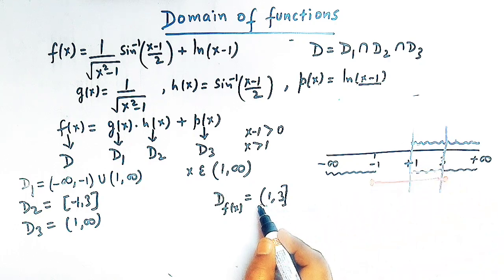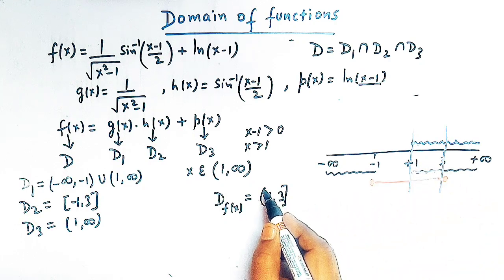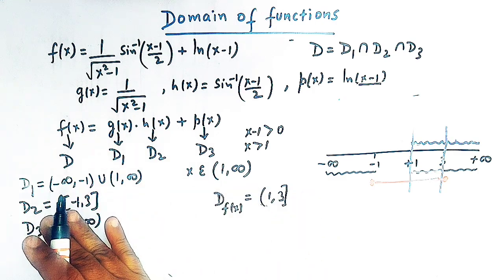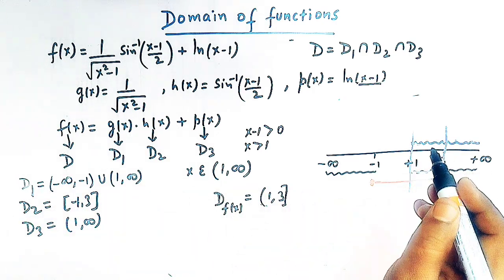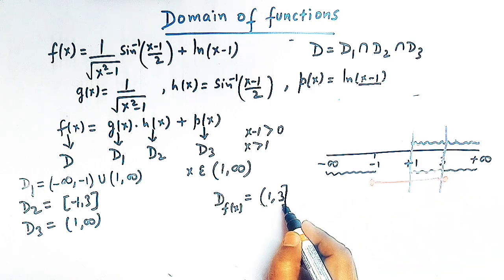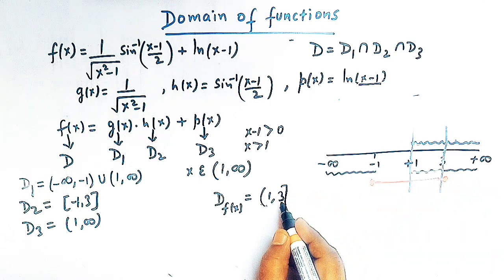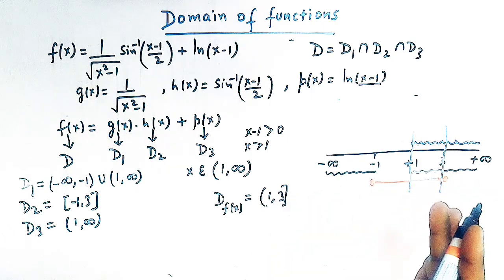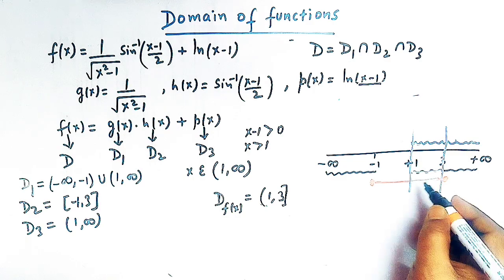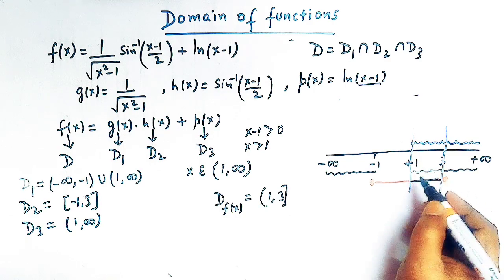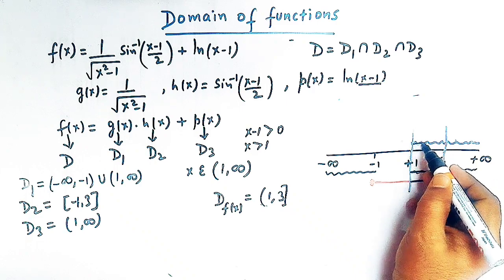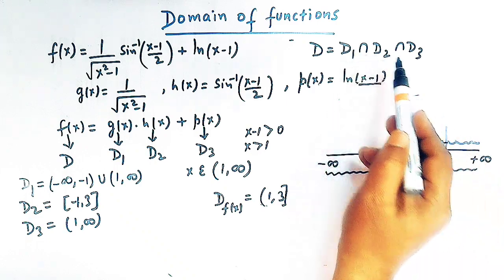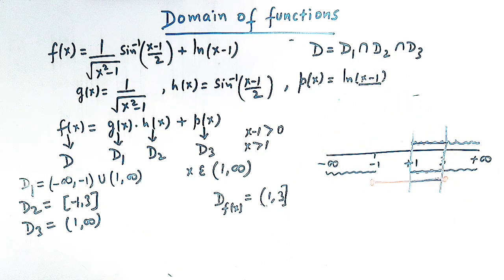to 3, and here this interval is open from the left, that is x equal to 1 is not included, and it is closed from the right, that is x equal to 3 is included. So this region, plus 1 to 3, is common to these domains D1, D2 and D3.